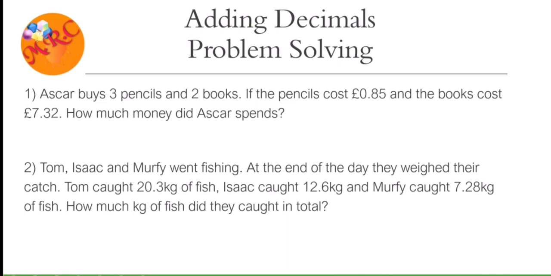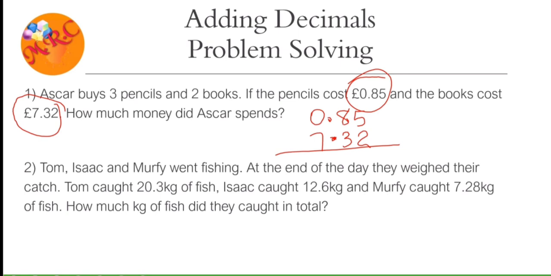Alright, so we're just going to go ahead and add the cost for the 3 pencils, which is 85 pence, and the cost for the 2 books, which is £7.32. Alright, so adding those, it's going to be 0.85, and then the 7.32.